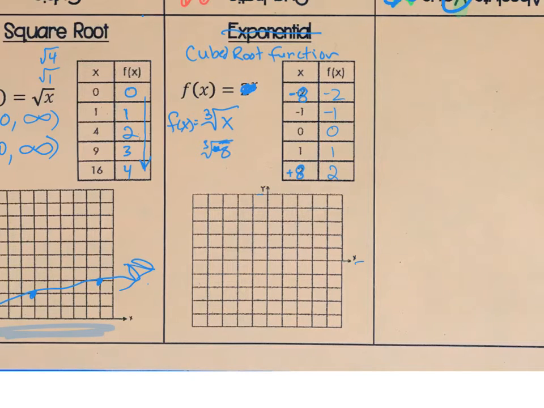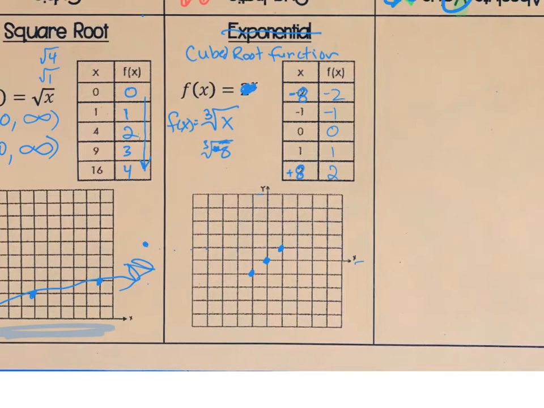Okay, so now we're going to graph this. So I'm going to go with 0, 0 first because that's the easiest thing to graph. And every single one of these goes through 1, 1. And so negative 8, negative 2. So 1, 2, 3, 4, 5, 6, 7, 8.